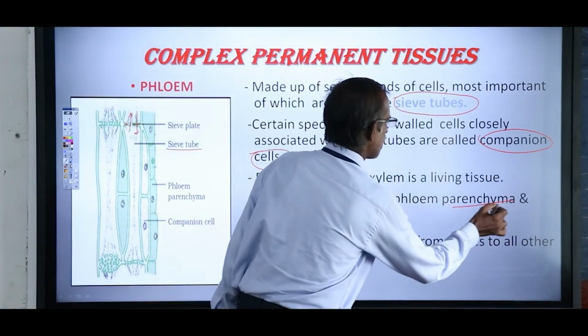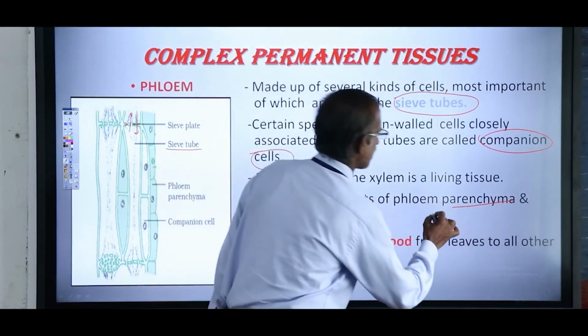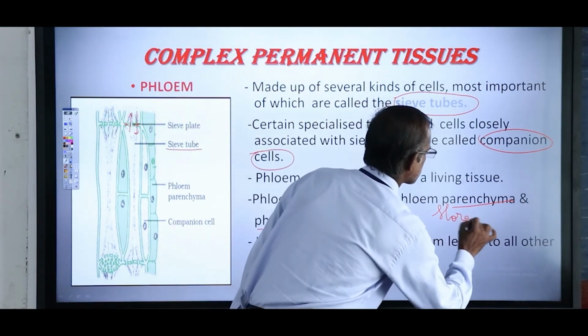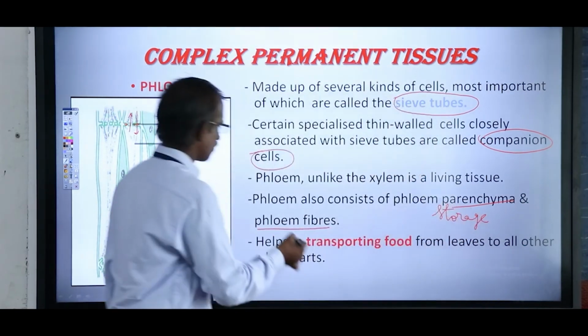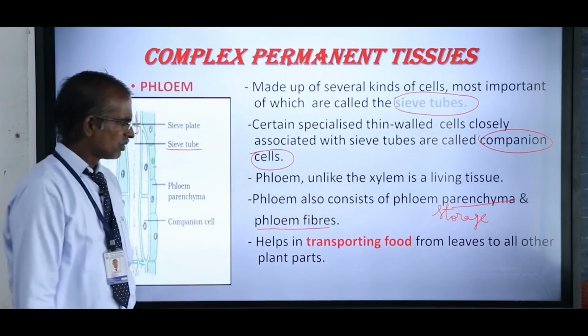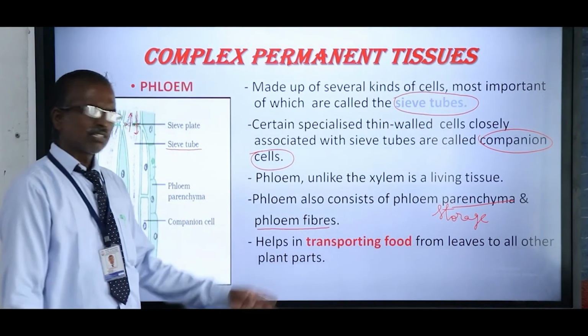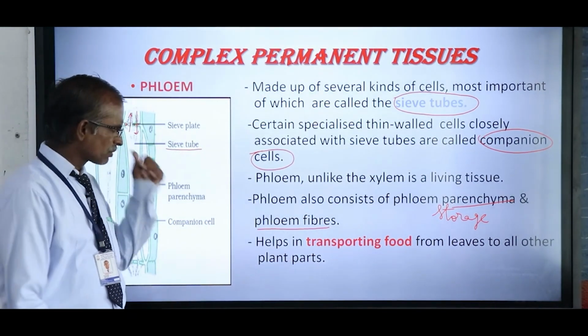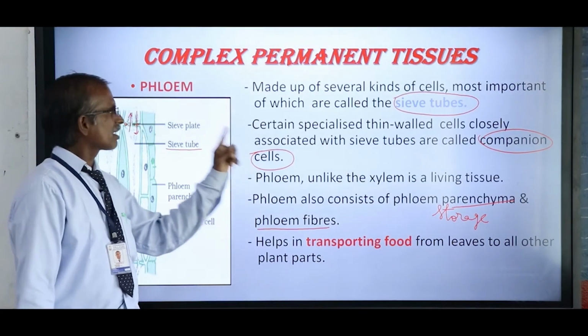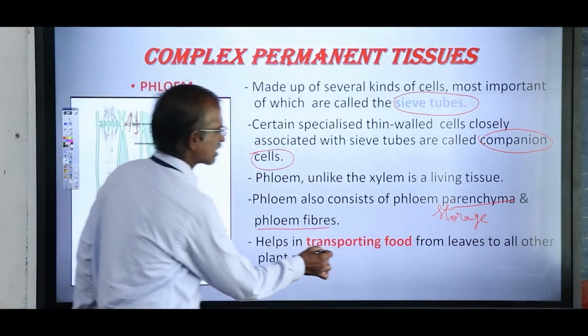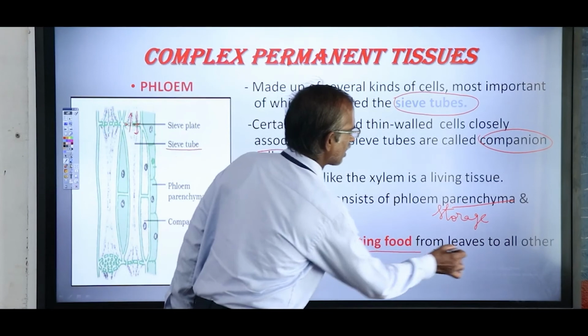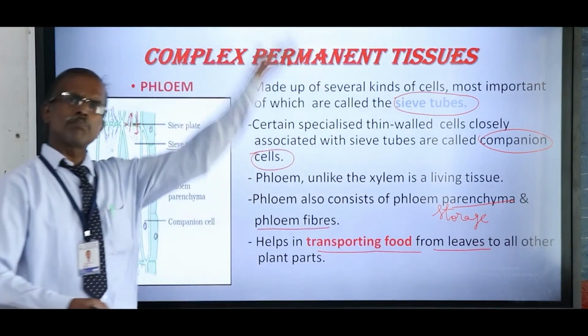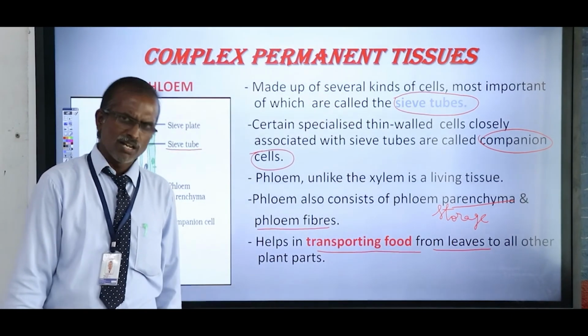Phloem parenchyma helps in storage. Phloem fiber gives support to the plant body. The main function of phloem is transporting food from the leaves to all parts of the plant body.